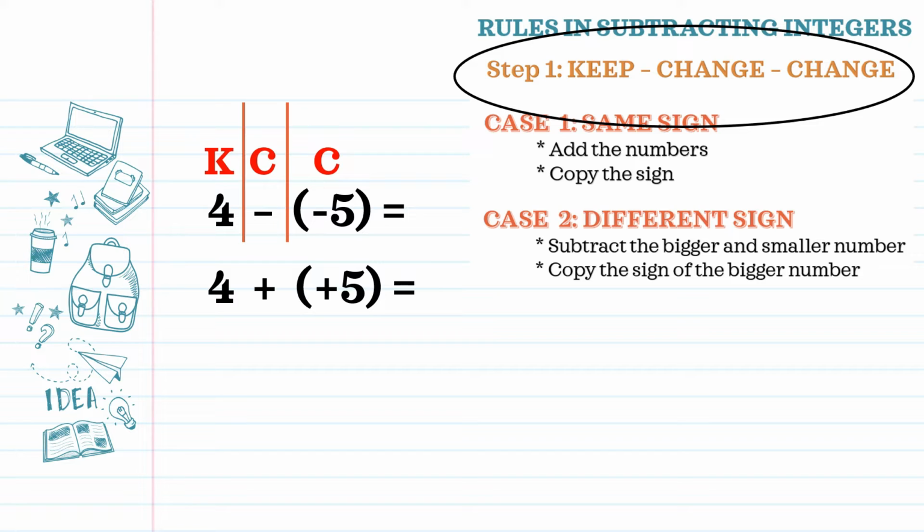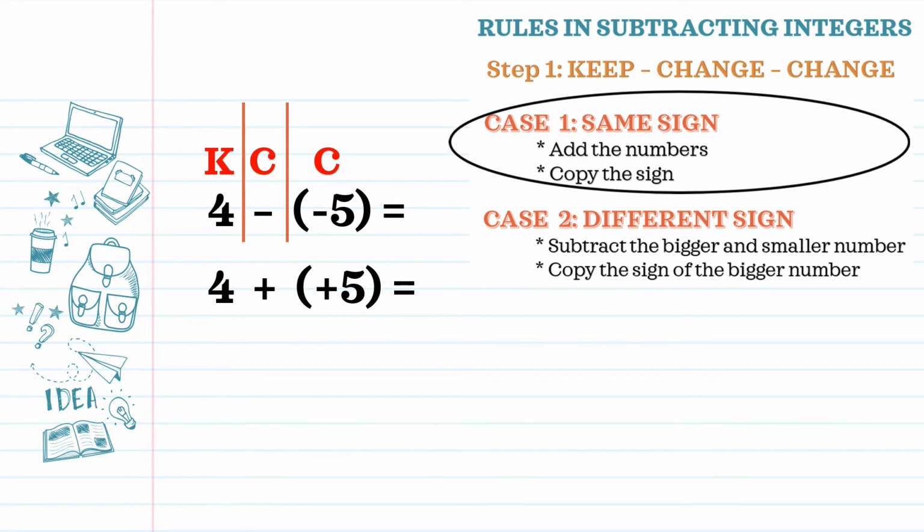After doing the initial step, we are now going to move with the same rule in addition of integers. In this case, we have a same sign case because we have positive 4 and positive 5. They are both positive. Therefore, it lies with case number 1, which has the same signs.